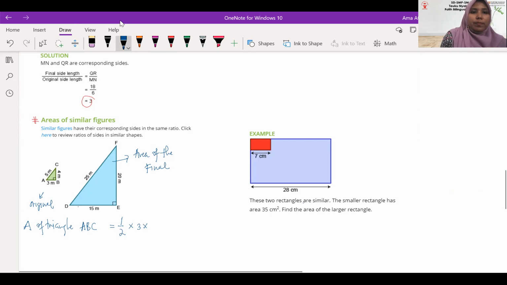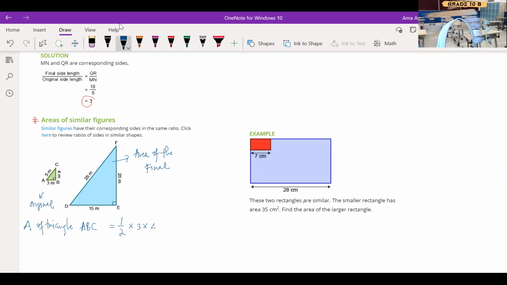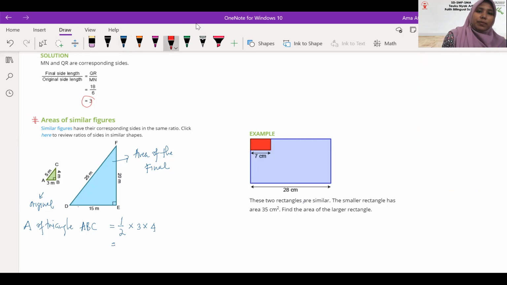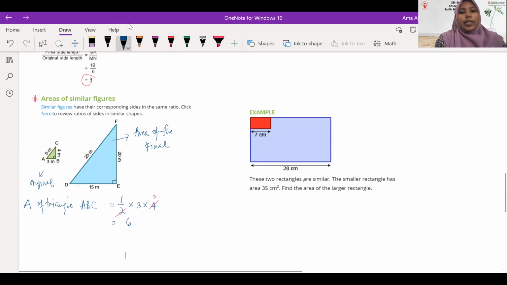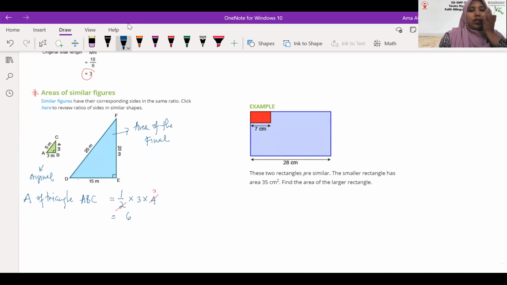What is 4? The height. So how much is this? You can simplify, so it is 6. Yes, okay. 6.